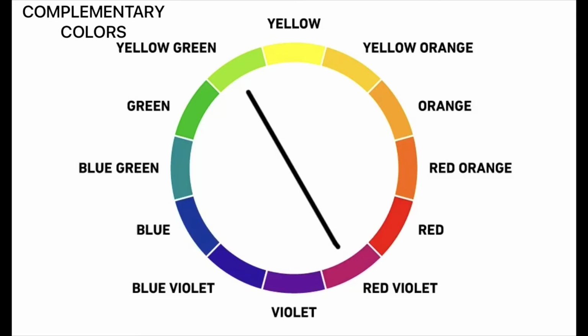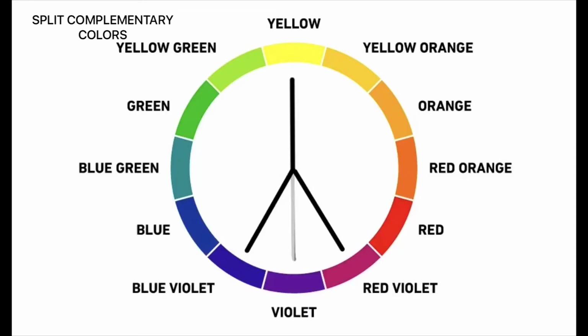Now let's take a look at split complementary colors. Split complementary is a color scheme using 1 base color and 2 secondary colors. Instead of using a complementary color, 2 colors placed symmetrically around it on the color wheel are used. We get a combination of 1 warm and 2 cold colors, or the other way around.